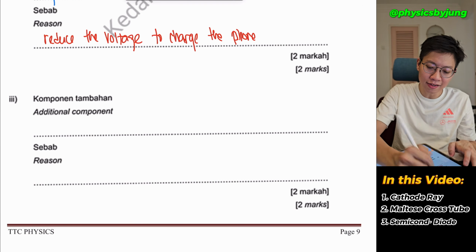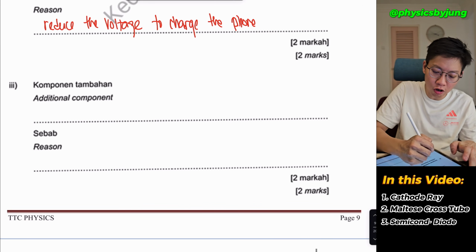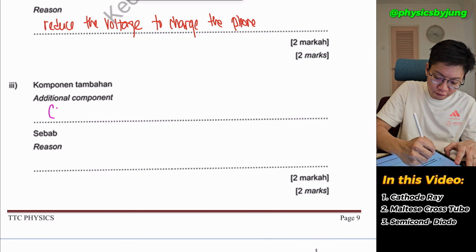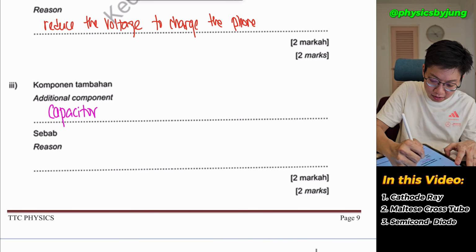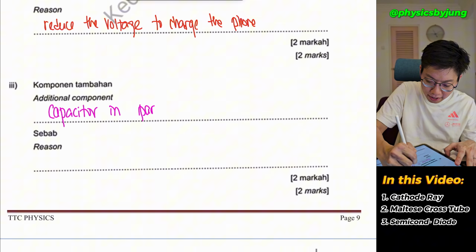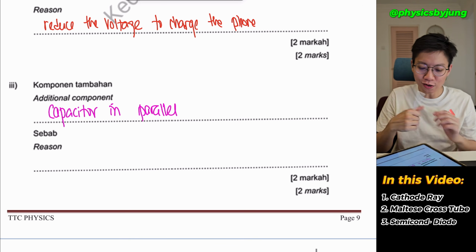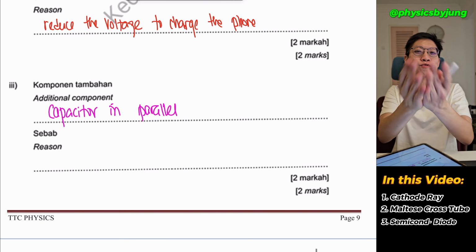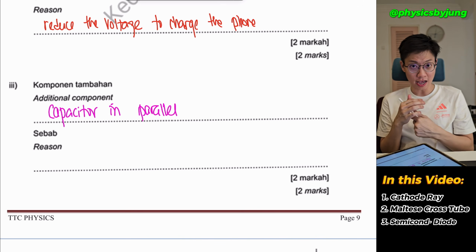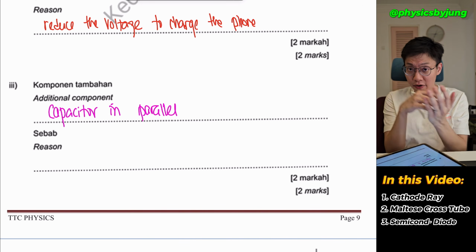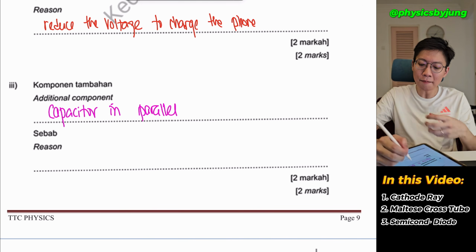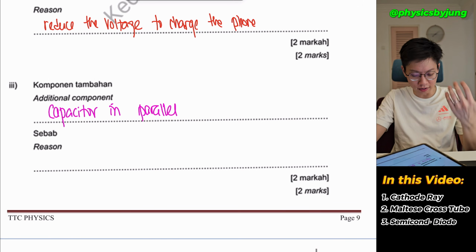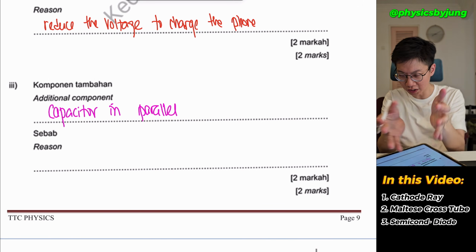Okay, now lastly we have to do something called the smoothing. So therefore we will add a capacitor in parallel. Okay, so sometimes, right, some teachers, if you say you add a capacitor, they say add where? Add in front, add series, add parallel, add side by side. So we say add parallel to the circuit or to the charger.